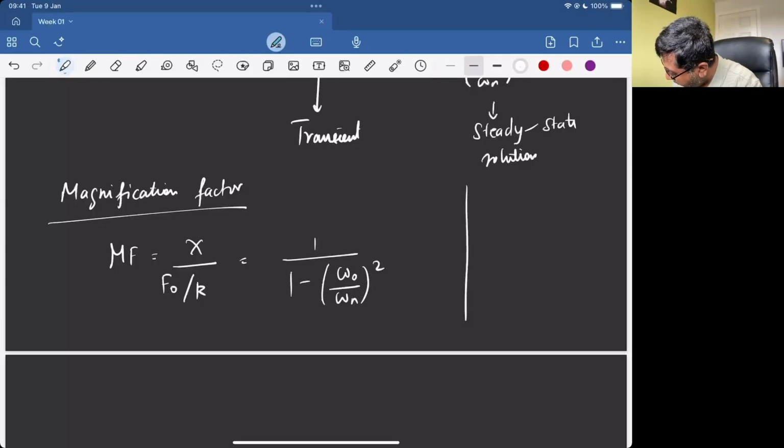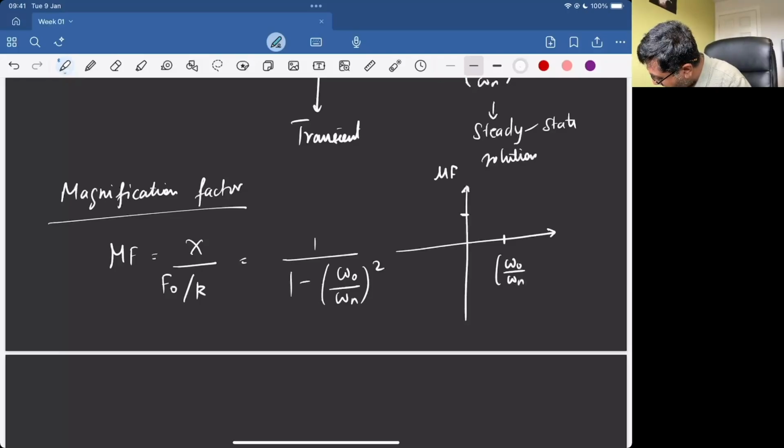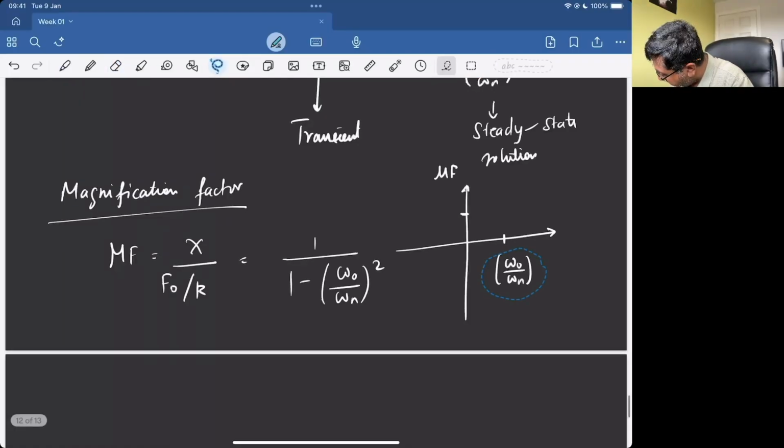So if I were to plot this, right? So my magnification factor, let's say it starts from 1. So this is nothing but omega naught over omega n, right? Sorry, this is our axis, and this is the value of 1. Right?